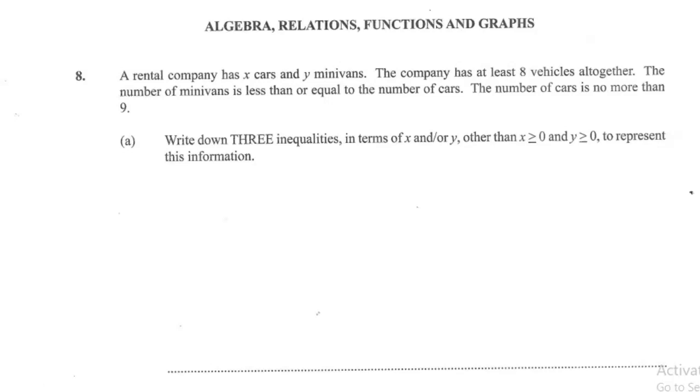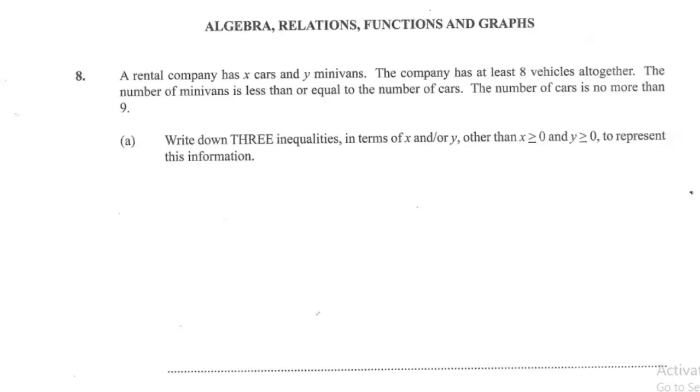The number of minivans is less than or equal to the number of cars. The number of cars is no more than 9. Write down 3 inequalities in terms of X and Y, other than X greater than or equal to 0, Y greater than or equal to 0, to represent all of this information.